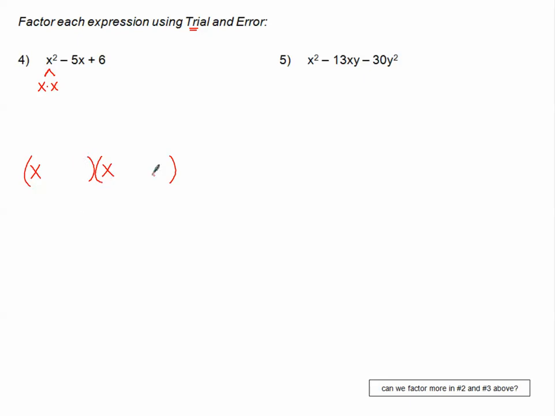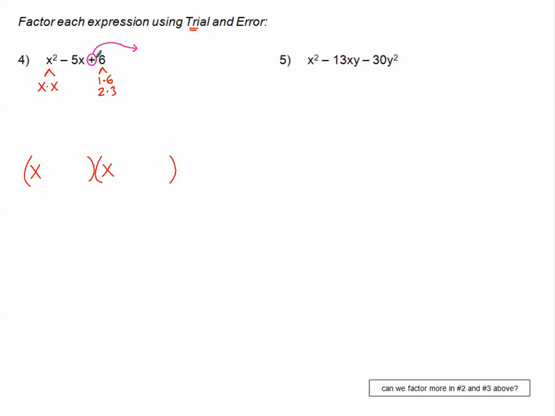The back of the parentheses results in the last term of your FOIL, and that is going to be 6. Now there's two options to get 6, 1 times 6 and 2 times 3. Now I need to figure out which of these options this is going to be. Before I do that, I want to note one other thing, and it's this sign right here. This is a pretty powerful sign when you're factoring.